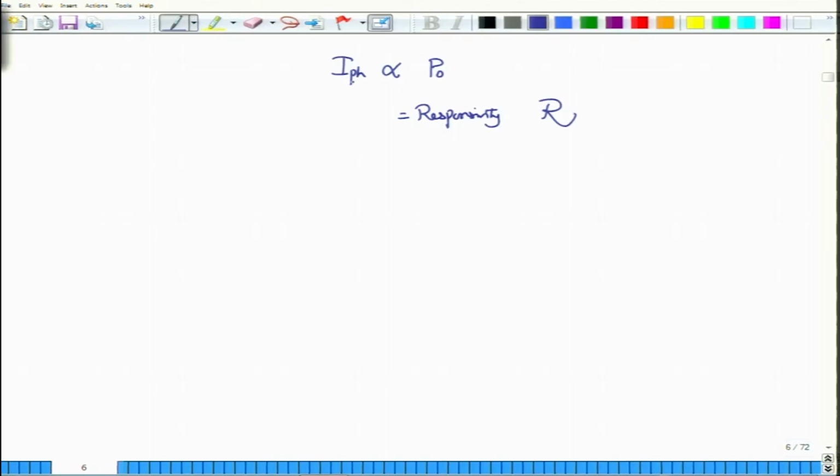So, I need to have a situation where the current flowing in the circuit is the result of only the optical power. Of course, in a practical case you cannot satisfy that, but if you have a PN junction that looks like this, by applying reverse bias you would increase the band gap and widen the depletion layer, okay.